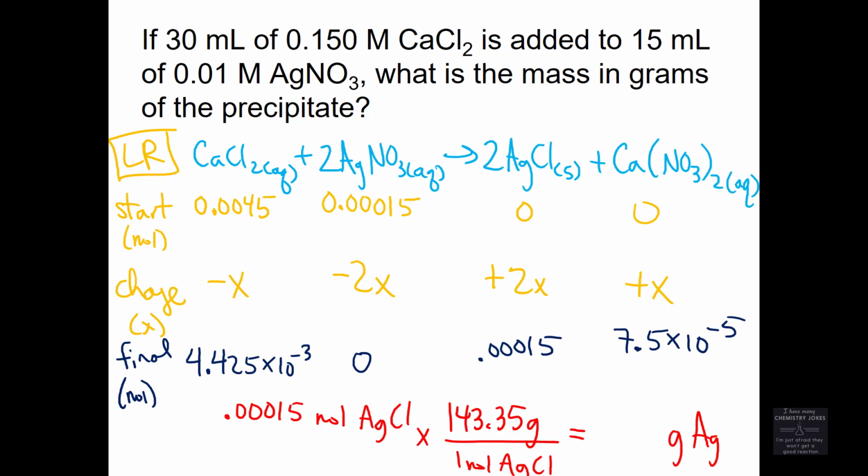That should give me my final mass of precipitate. See if you got what I got. 0.022 grams of AgCl. Is that a lot of precipitate? No, not at all. But we got some precipitate.